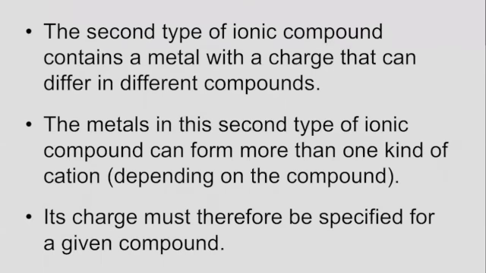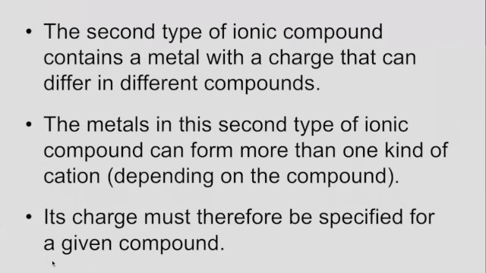When we are naming our type 2, it's going to be a little bit different. What you're going to do is, the metal, you're still going to say the name of the metal. However, in parentheses, you are going to inform us the charge that that metal is carrying when it's with that atom.